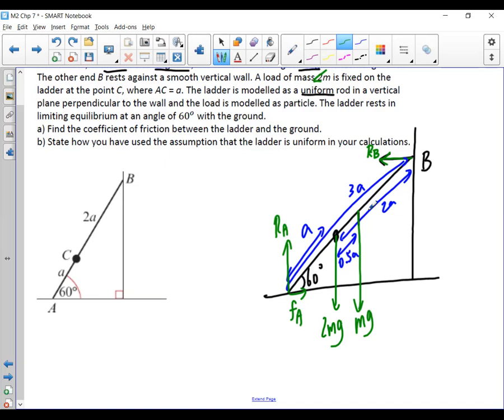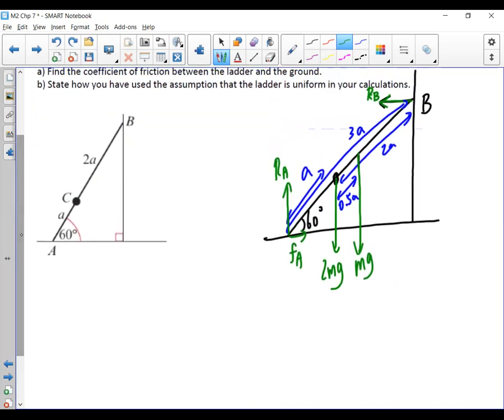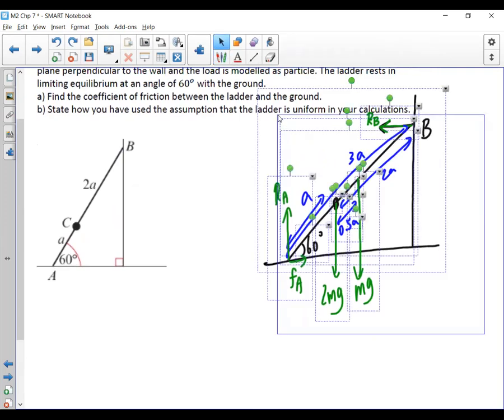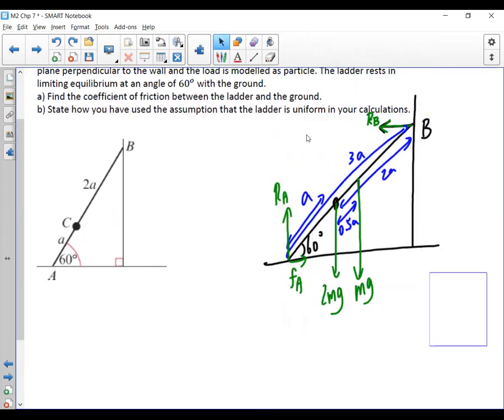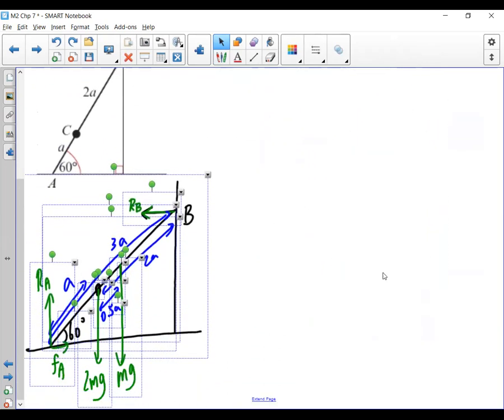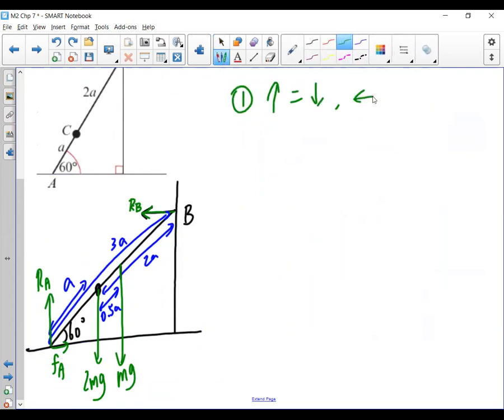Right, so once you finish, remember the first step: upward force equals downward force. Let me bring this diagram next to me. So first step, up equals down, left equals right. So 2 equations, we accept 2 equations.